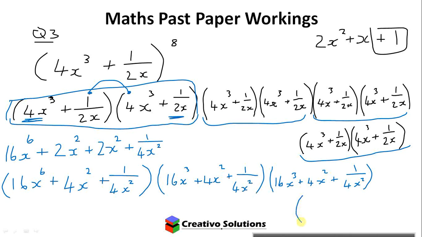Okay, 1 more. Okay, so now I've got 1 there, 2 there, 3 there, 4 there. 1, 2, 3, 4. Brilliant.